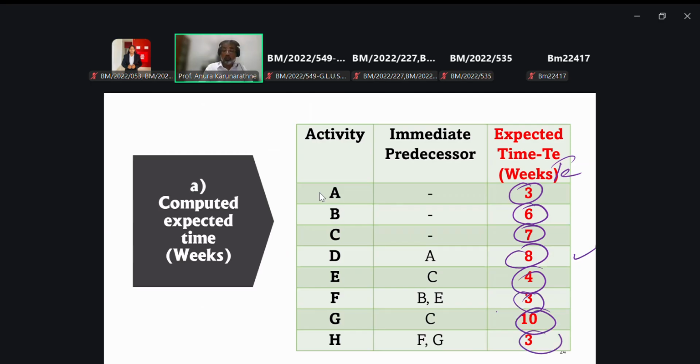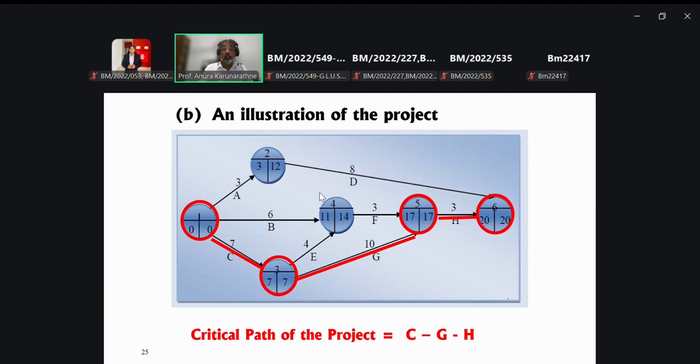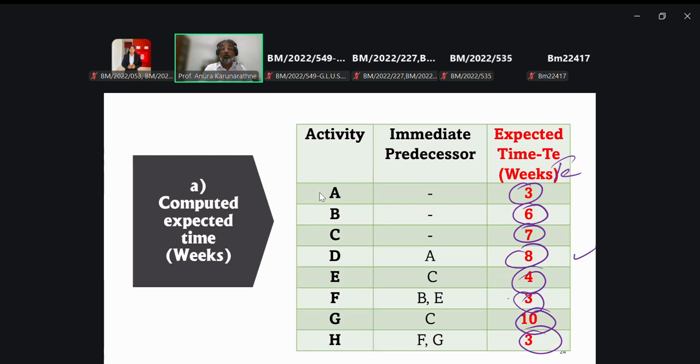Draw this network, right? Draw the network as mentioned here. So if you go to this example, how to draw it, right? Now here you can see A, B, C. I am not going to teach the way of drawing it. It has no immediate predecessor.